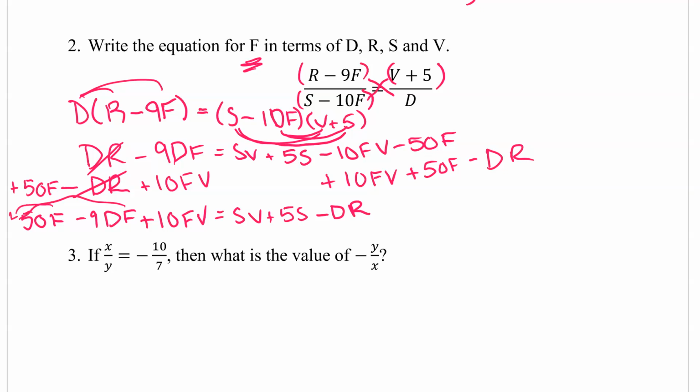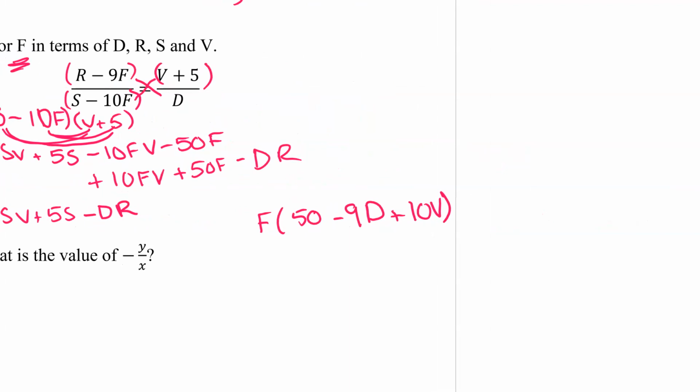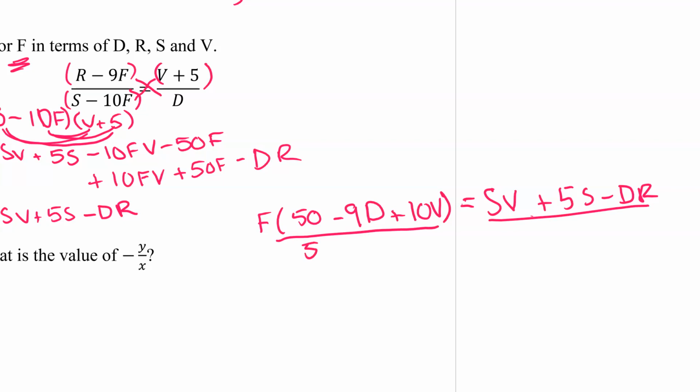All right, so when we do that, we'll have an f out front, and then we'll have 50 minus 9d plus 10v, and that's going to equal sv plus 5s minus dr. And we want just f, so we're going to divide both sides by what we have in parentheses, and this cancels.